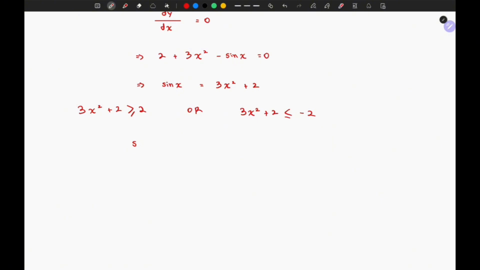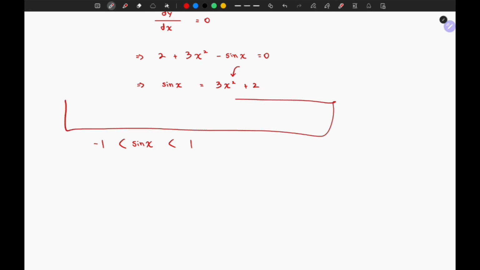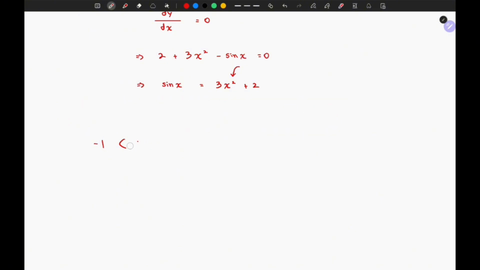Now sine x must be less than or equal to 1 and greater than or equal to negative 1. But as you can see, if you substitute any values of x into this equation, it will give you an answer of 2 or more. So forget about the part I've written in this region. Let's just start over.